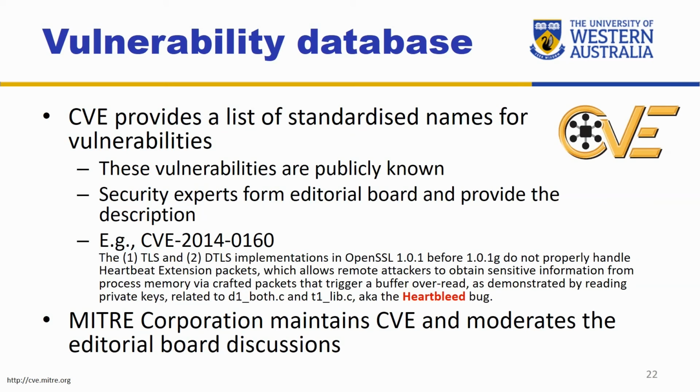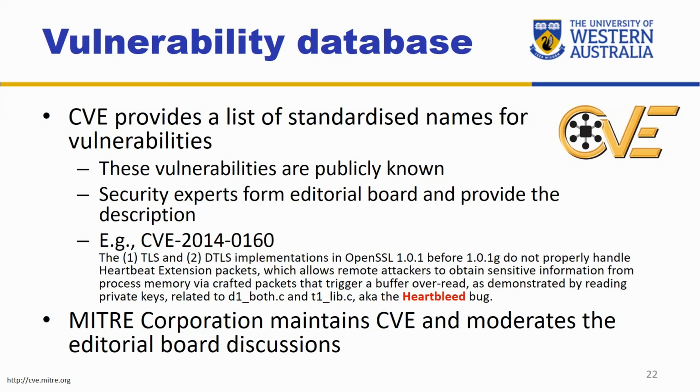When those vulnerabilities are found and publicly announced, that particular vulnerability will be given a name. And the format is very simple. It starts with CVE, dash, the year it's found, dash, the number, and the number is chronological.